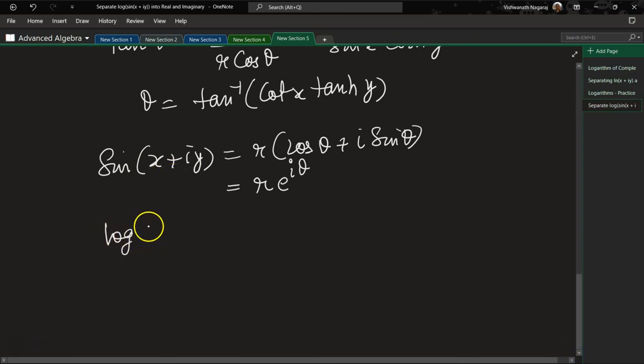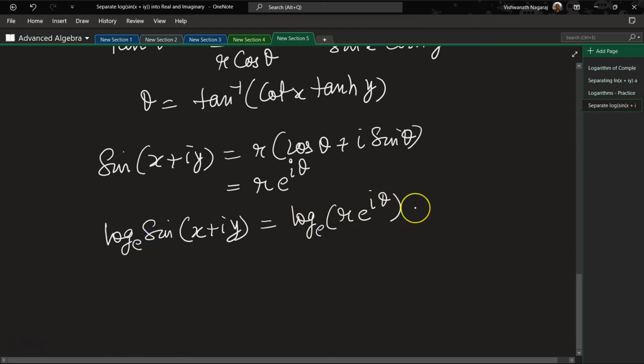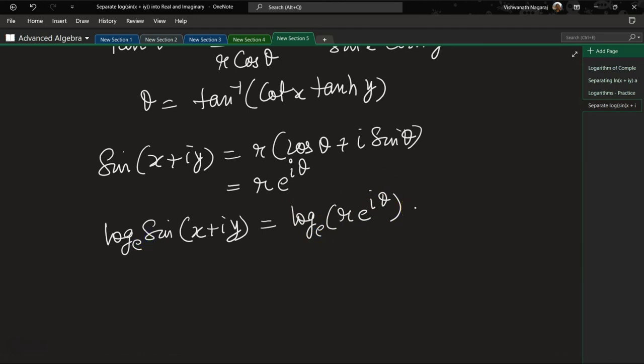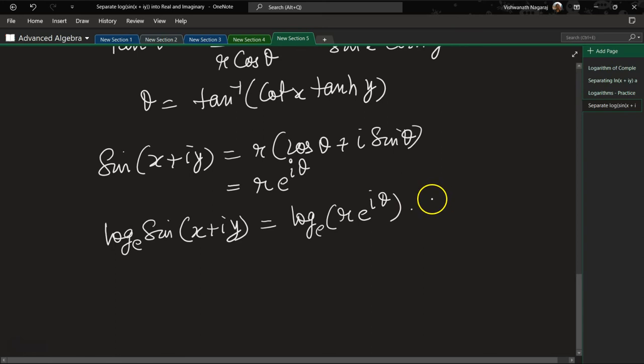So log of sin of x plus iy is equal to log of r e to the i theta. Remember, log to the base e. Not only that, remember we can multiply it with 1 without affecting it. So let's take it inside the bracket. So multiply by e to the power of 2n pi i.